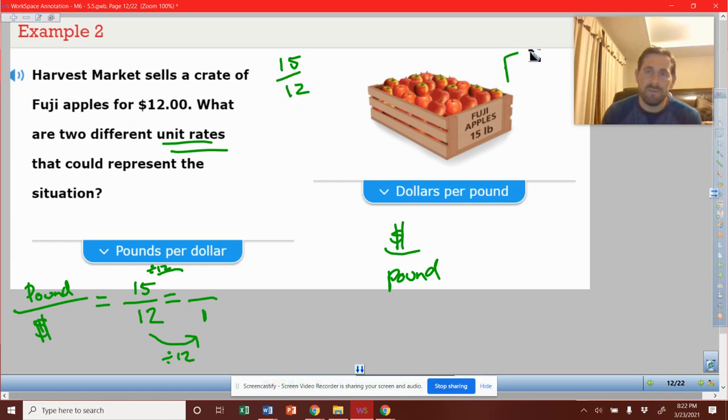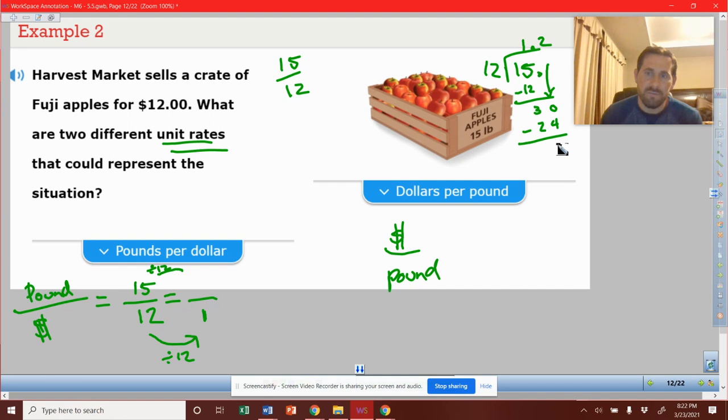We're going to do a little bit of long division. 15's inside, 12's on the outside. How many 12's go into 15? 1. So we're going to bring a decimal in. 1 times 12 is 12. When you minus, 15 minus 12 is 3. And then we'll bring down a 0. How many 12's go into 30? 2 of them. 12 times 2 is 24.